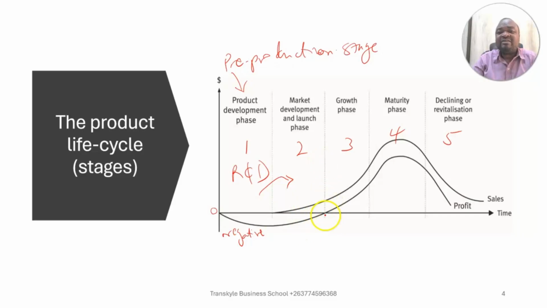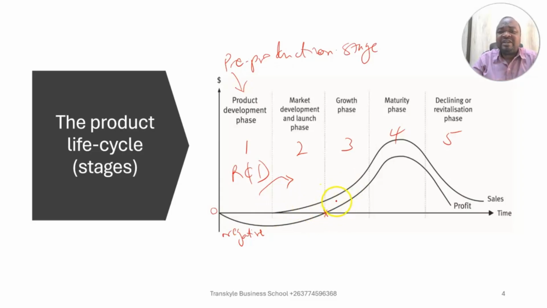All right, but by the end of the marketing phase, we are at least reaching some break-even point. Okay, we are not sustaining negative profitability or positive. We are somewhere break even. So our sales are adequate to meet the break-even point towards the end of that phase.